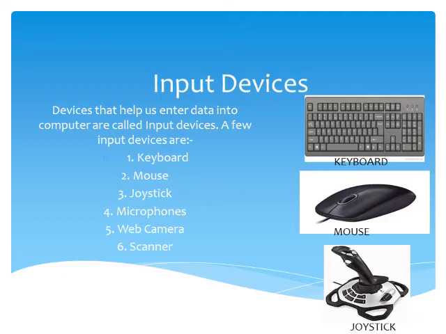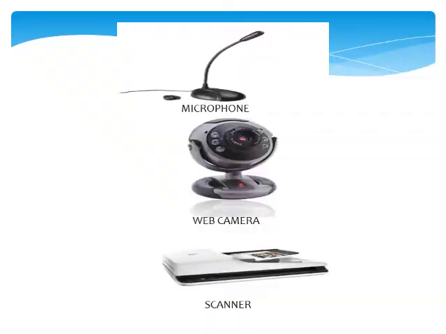With the help of these devices we can input the data successfully into our computers. Here in the figure, keyboard is shown, mouse, joystick, then microphone, web camera and scanner. These diagrams clearly show what the input devices of a computer are.